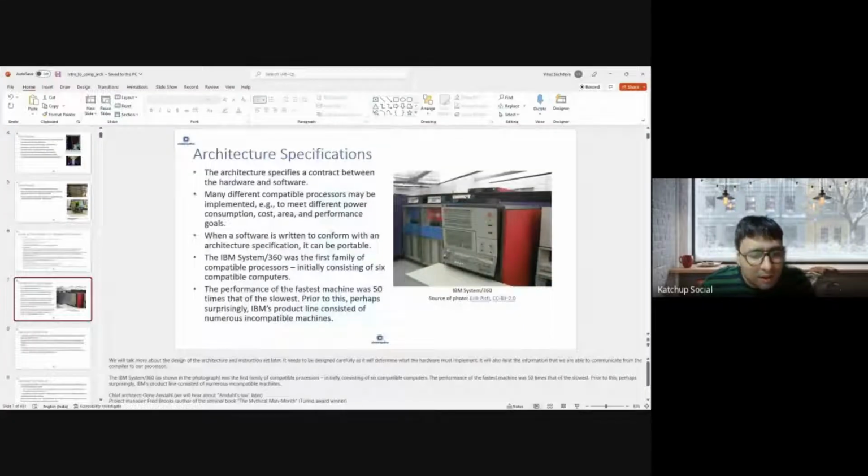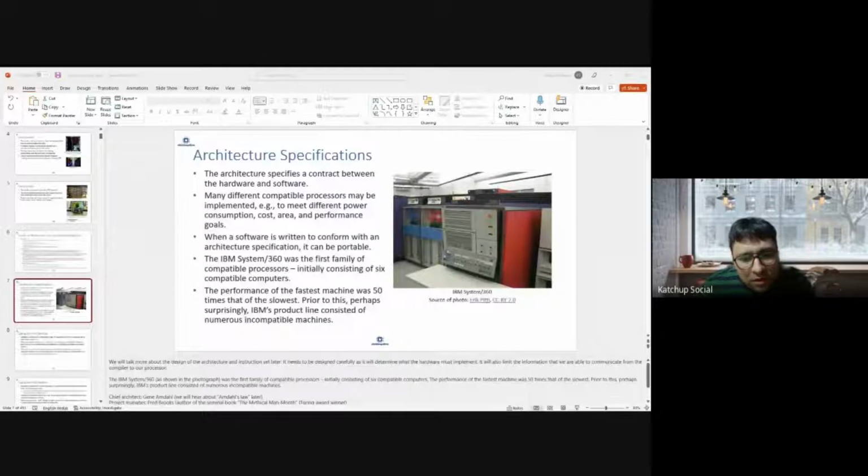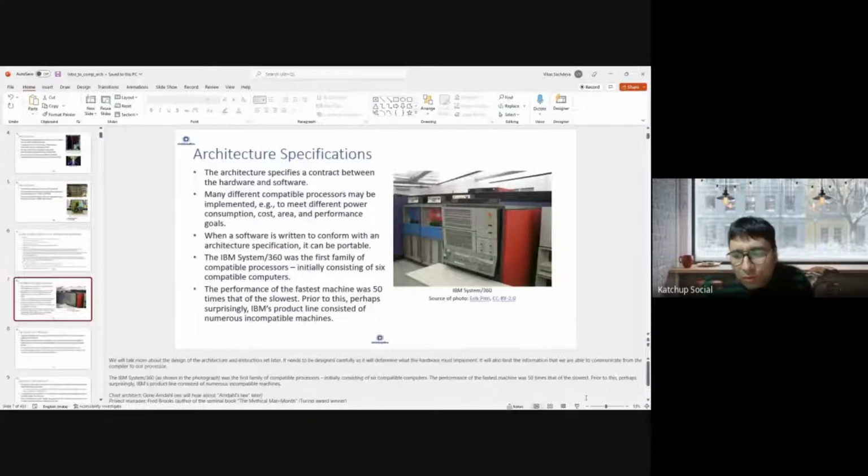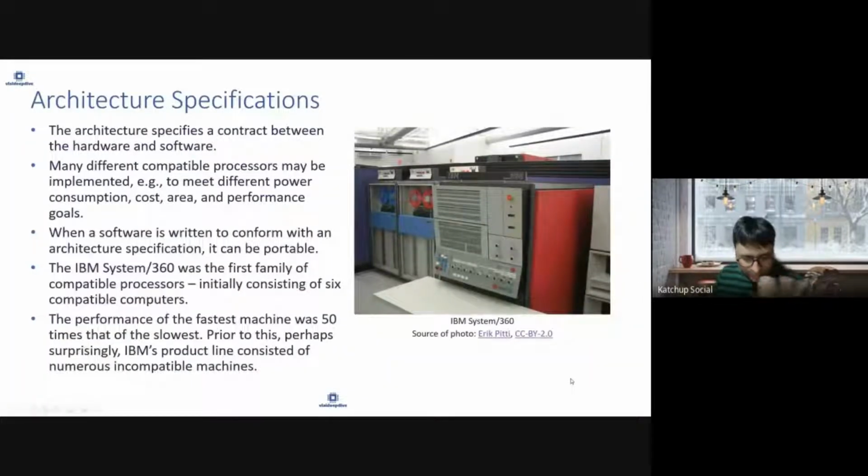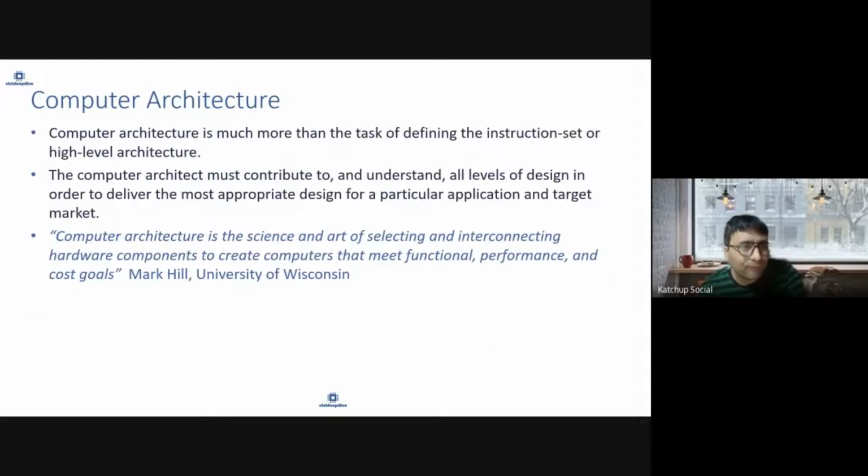With this method, you can be compatible and port software from one microarchitecture to another, as long as you stay consistent in your architecture specification, which is a contract between the hardware and the software.